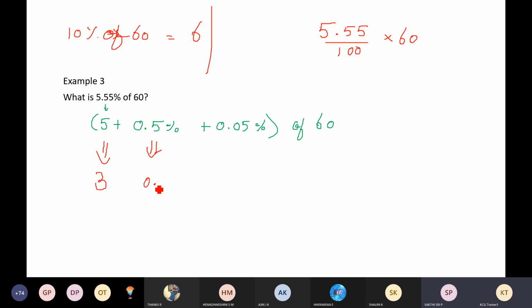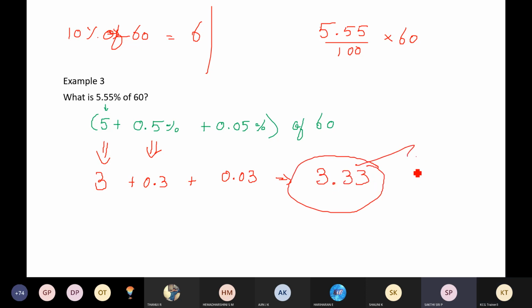It would be 0.3. Similarly, 0.05% would be 0.03. Clear? Now add these three values. So my answer would be 3.33. The answer is 3.33. Are you guys clear now?